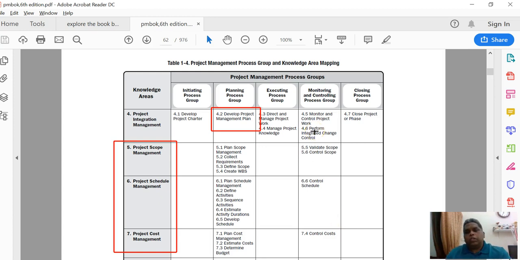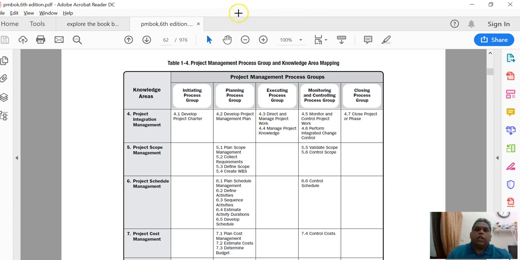On a final note, it's very important that we recognize the project life cycle that we use for managing a project. In any project, broadly speaking, the phases of the project would include initiating, planning, executing, monitoring and controlling, and closing. Now, PMI would not use the word phases, but they would use the words process groups.